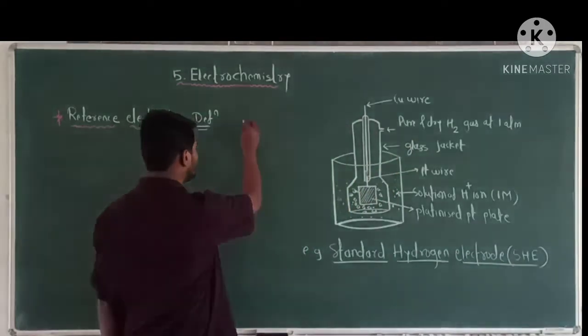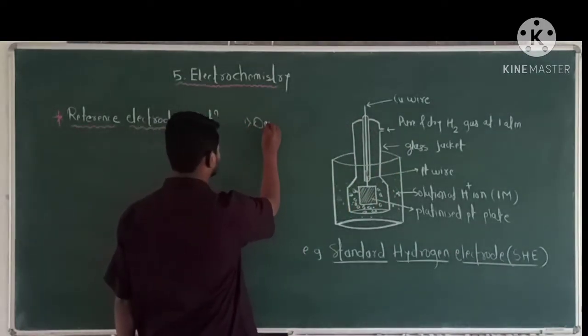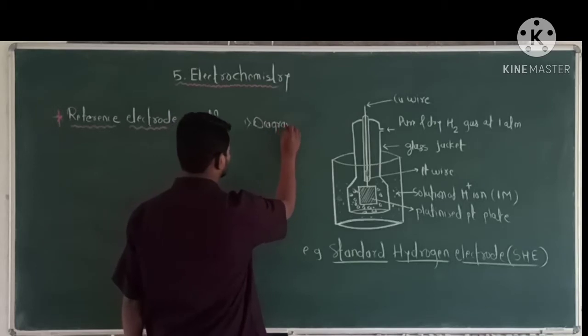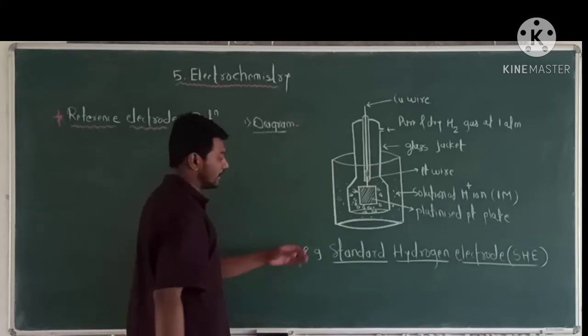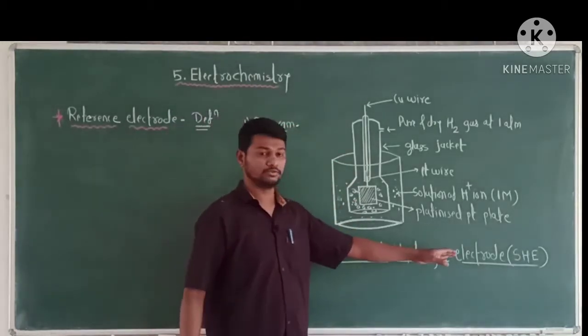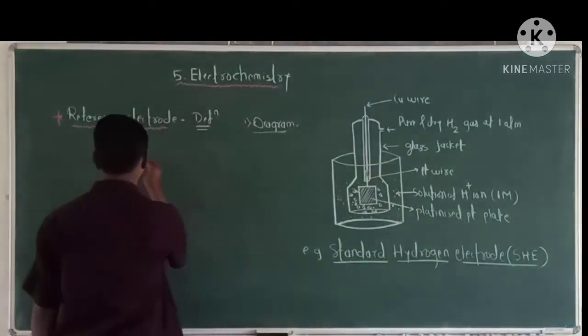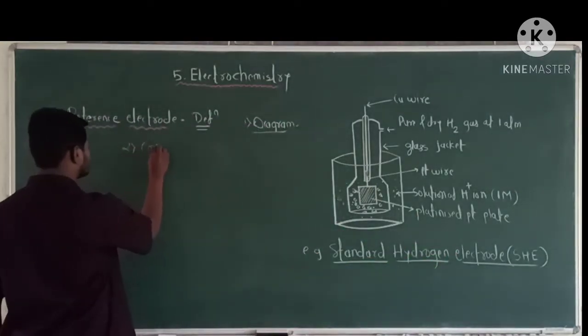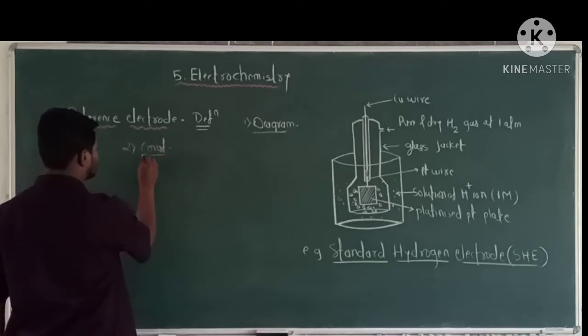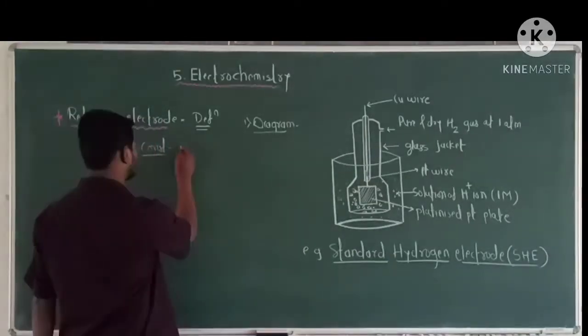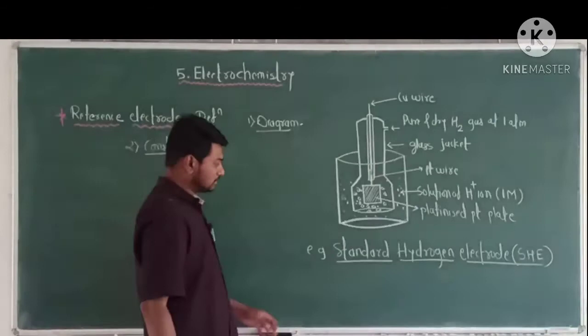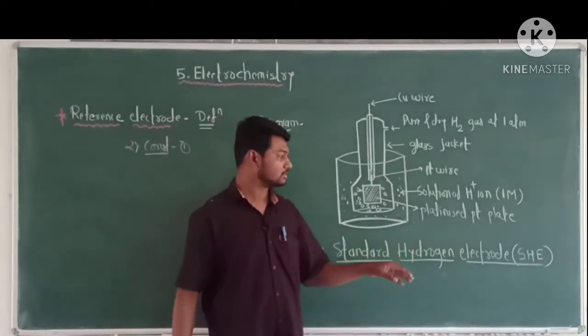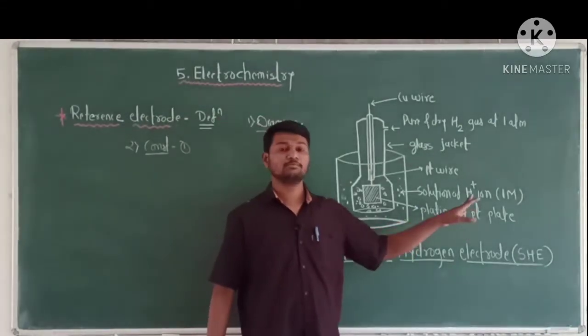First of all, the diagram. This is the diagram of the standard hydrogen electrode. Second, construction of the standard hydrogen electrode. The first point: the standard hydrogen electrode consists of a platinized platinum plate.